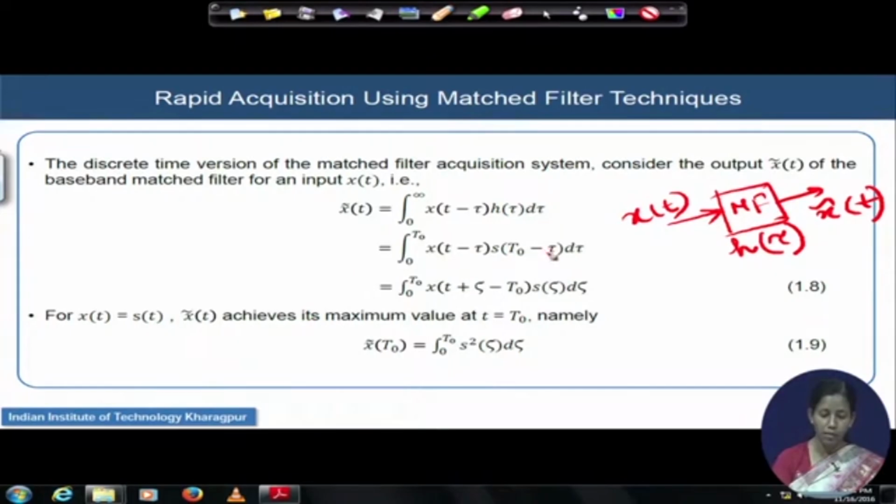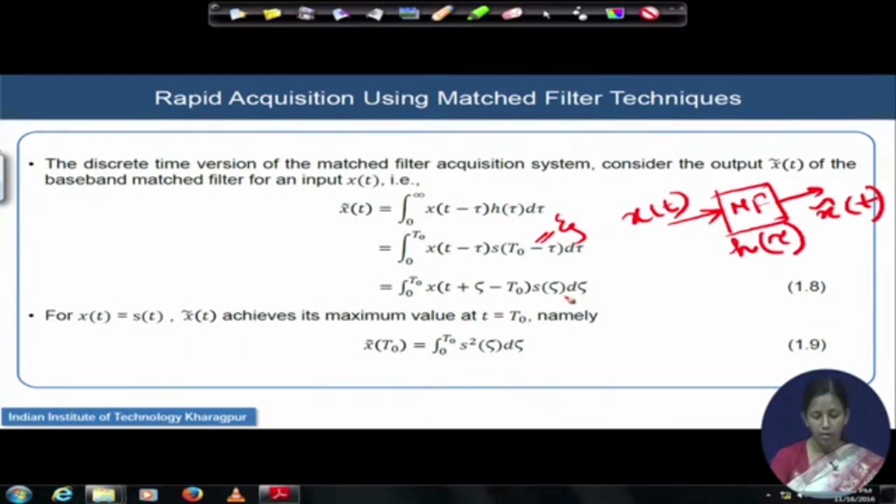By substituting that, and then doing the further substitution of t0 minus tau equal to xi, we end up with equation 1.8.